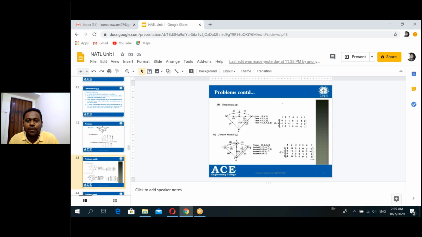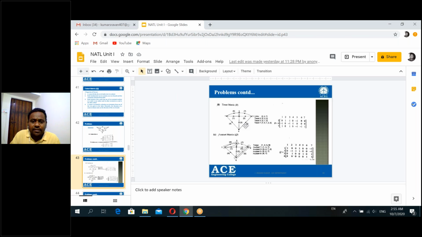Next, one more tie set, 7. The branch 7 is the link: 7, 6, 1, 3, 5. 7 is the link, and 6, 1, 3, 5 are twigs, meaning not links.